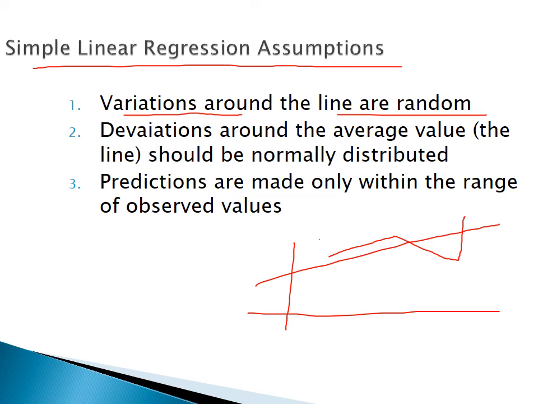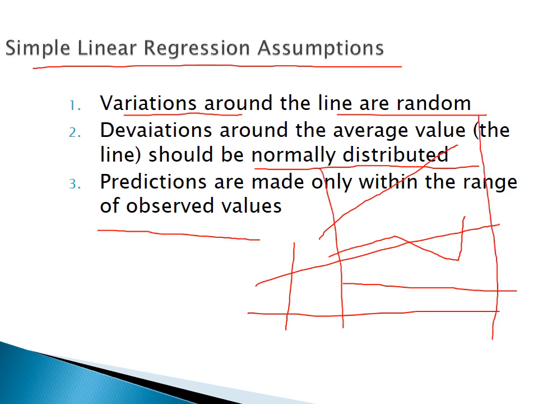It should not be only higher or only lower. The deviation around the average value should be normally distributed. The predictions are made only within the range of observed values. Okay, so it should be for a particular period of time. That's when the regression can be done. It cannot be done beyond, for example for the next 20 years. It has to be done within a time frame.